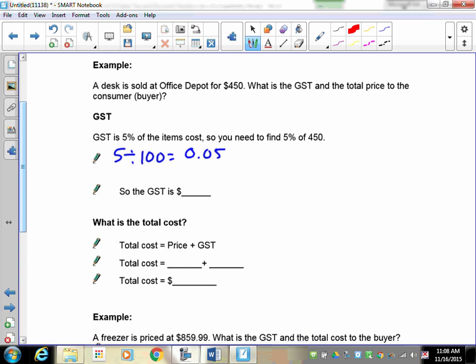Now, take the 0.05 and multiply it by the 450. And when you're done on your calculator, you'll find that the tax was $22.50. Now remember, that's the GST, that's the tax.